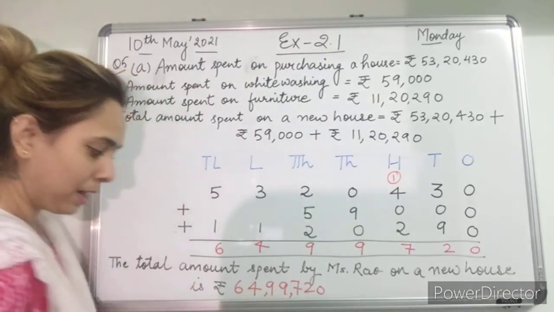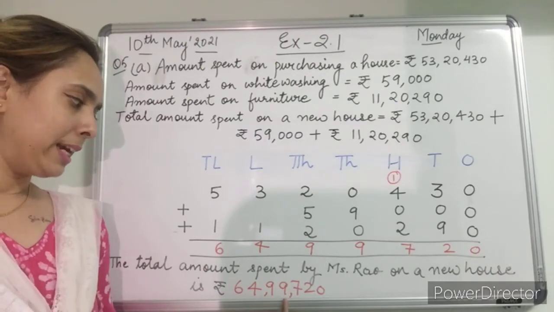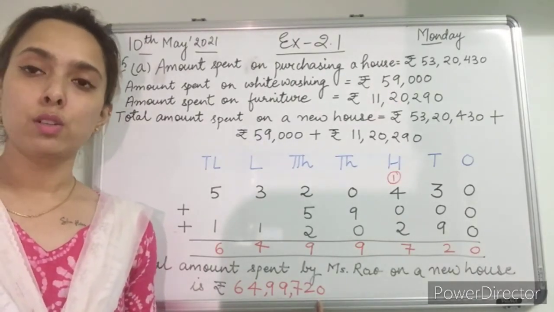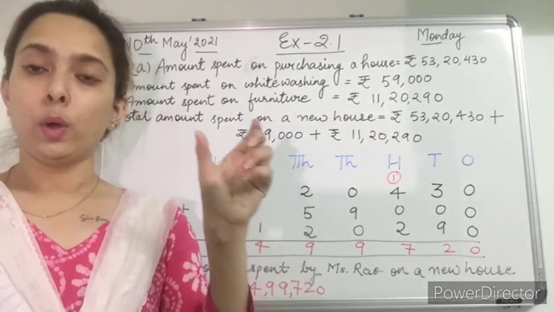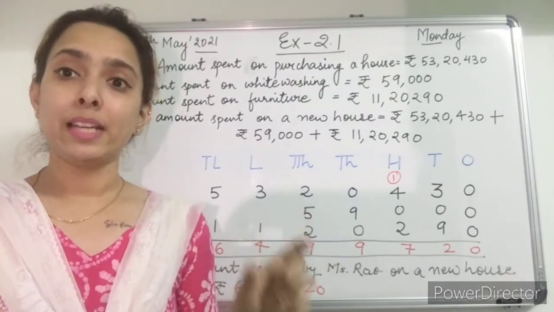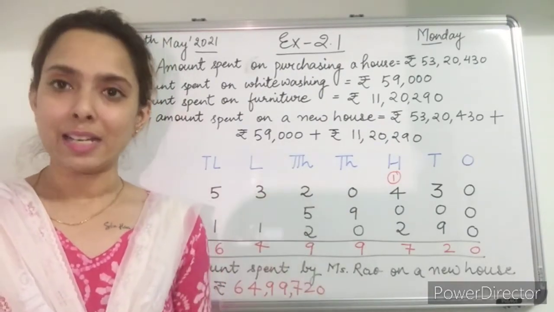So put the commas. The answer is 64,99,720. So in this way you are going to do. Make sure you are able to understand what the question is saying and what the question is asking.